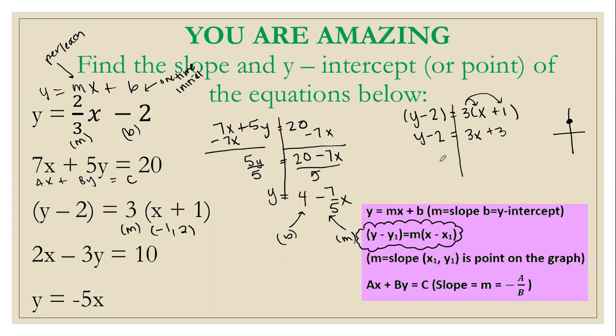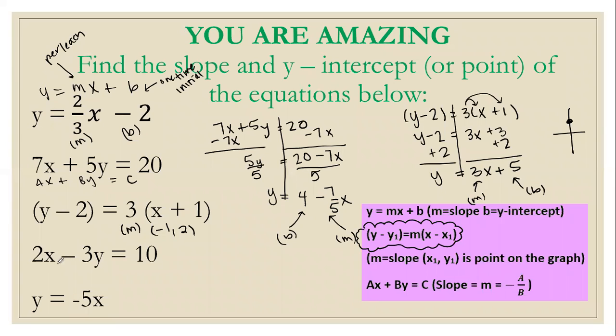Right here. You got +2. Thank you, Rodolfo. Then +2 on there, and that makes it 5. Awesome, thank you. So we got y equals 3x plus 5. So there's our slope of 3 and our y-intercept of 5.